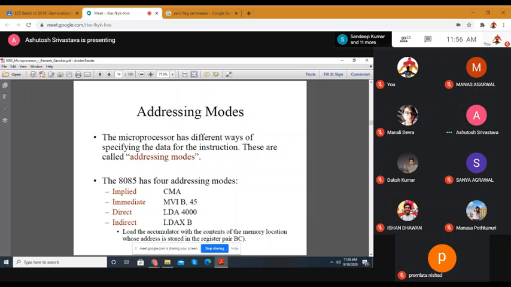Then LDA, which is loading the contents stored in, say, memory address 4000, is a direct type of addressing mode.